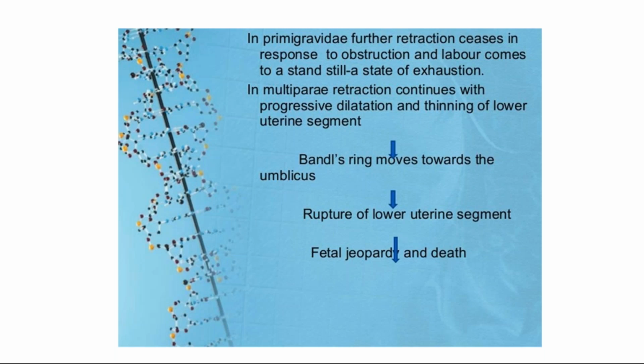That will lead to progressive dilatation and thinning of the lower uterine segment, and the Bandl's ring moves up and up towards the umbilicus, and ultimately the lower segment is no longer able to dilate. It will rupture. So that leads to rupture of the uterus and fetal distress and fetal death. So that's the response of a primary compared to a multi whenever there is some obstruction.